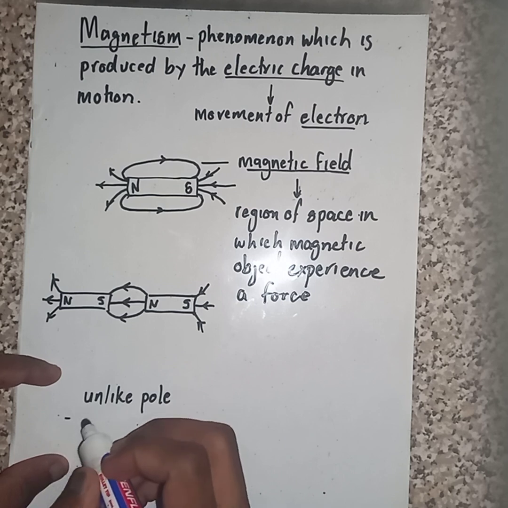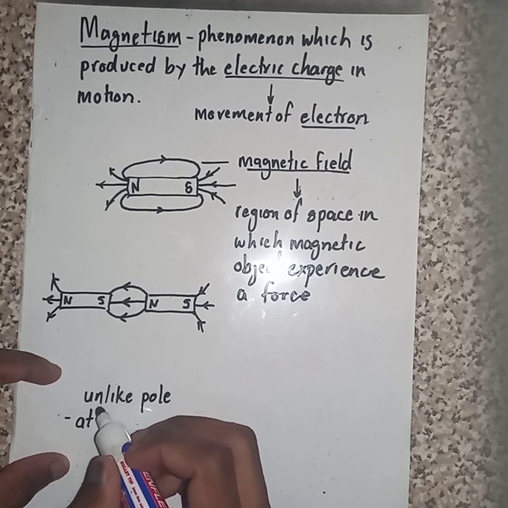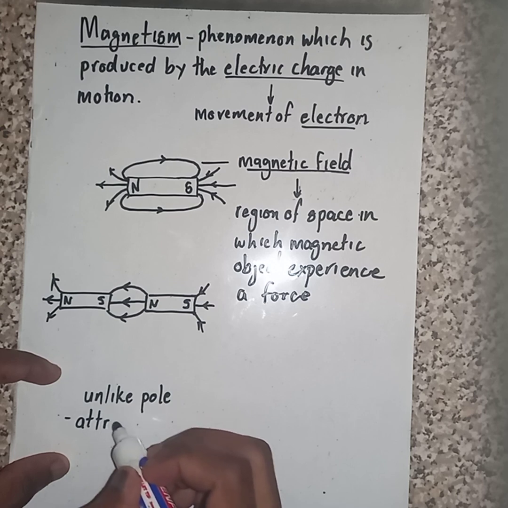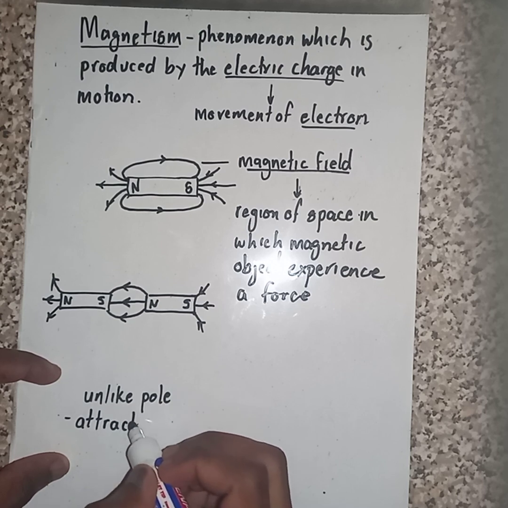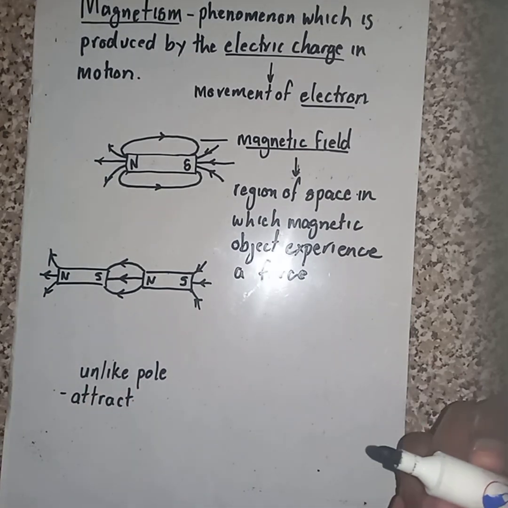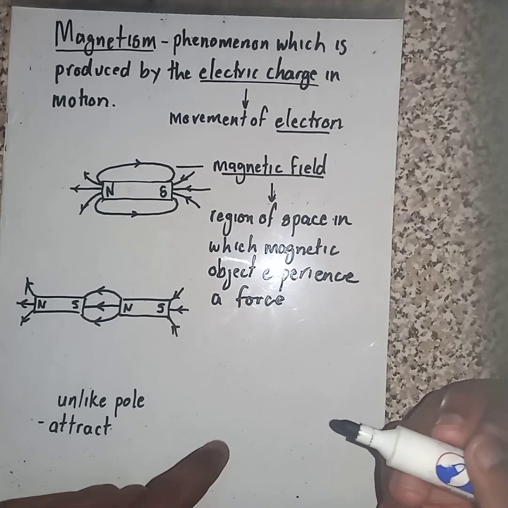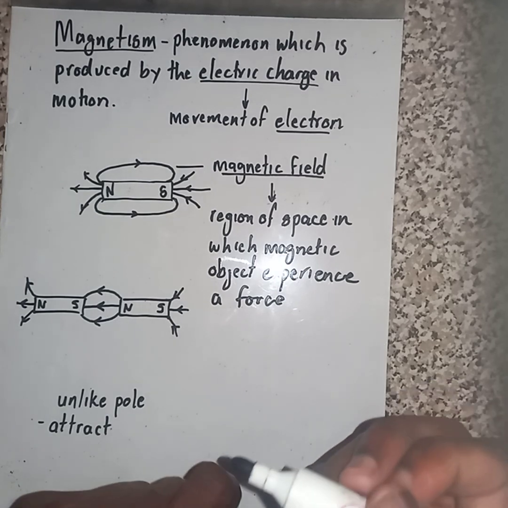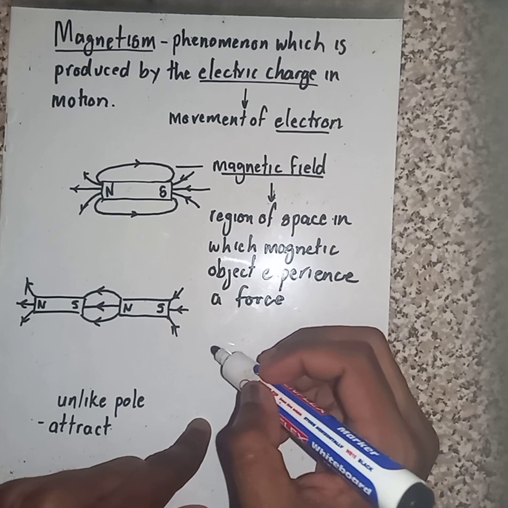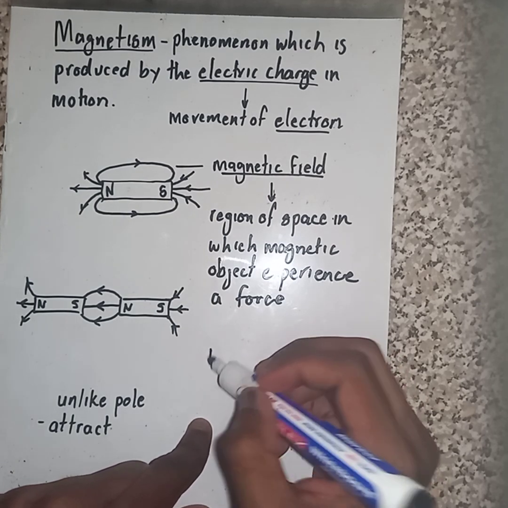The attraction of two magnets. Attraction. They attract now. Two unlike poles, they attract.